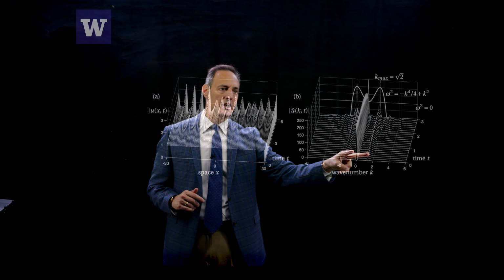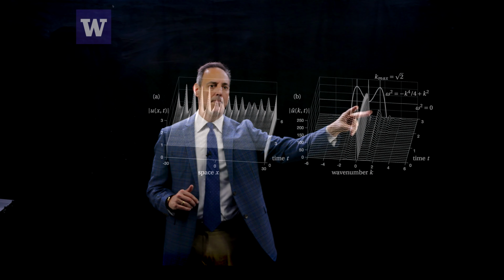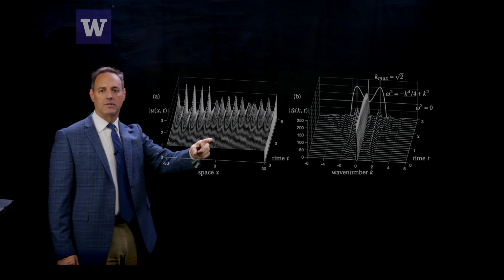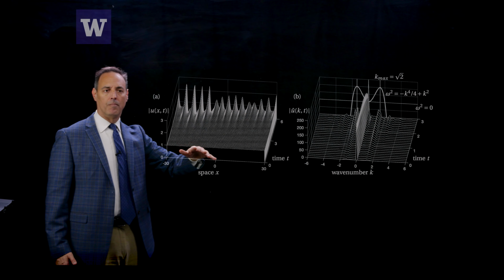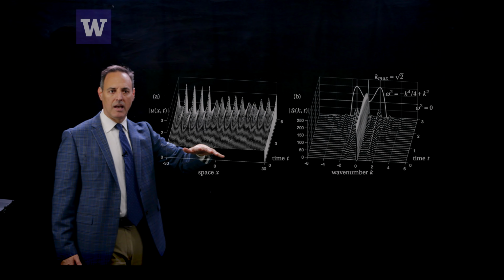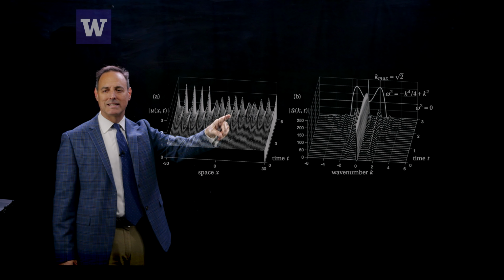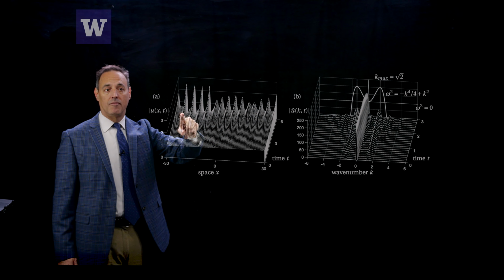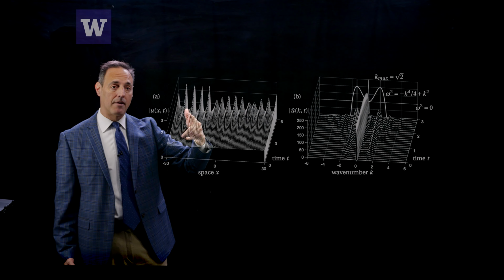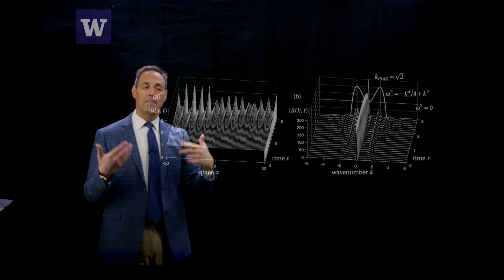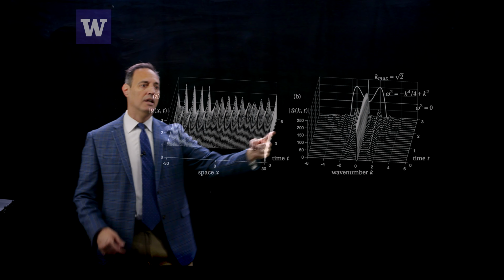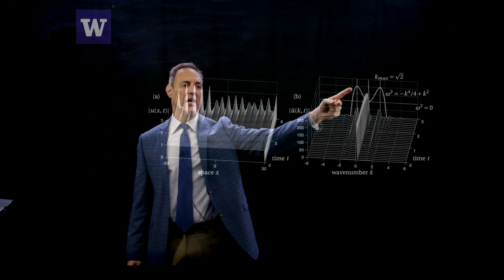And then you see here the growth of these two side bands, and this is what happens in the simulation itself. This thing is modulationally unstable. You start with this plane wave, and it starts to develop these instabilities, which, if you look at it from a pattern-forming system, notice what happens. You see the growth of a periodic pattern. And that periodic pattern is determined by these unstable frequencies.